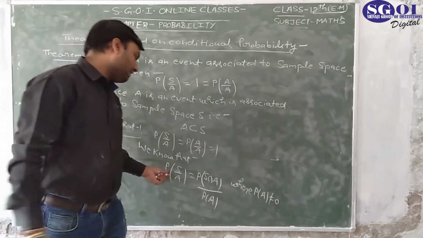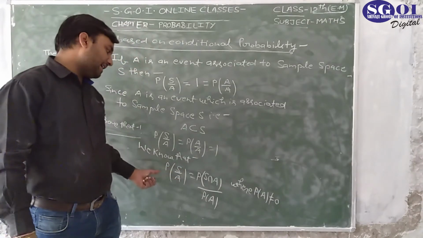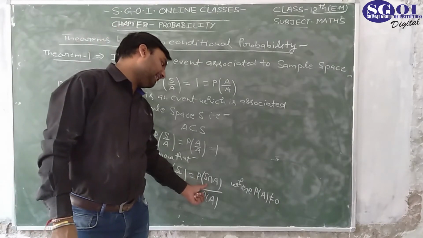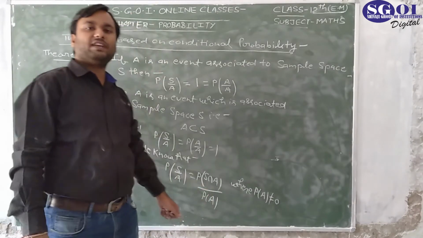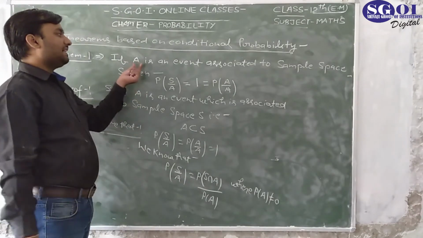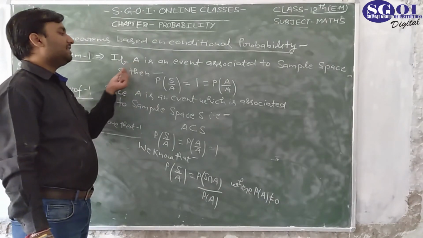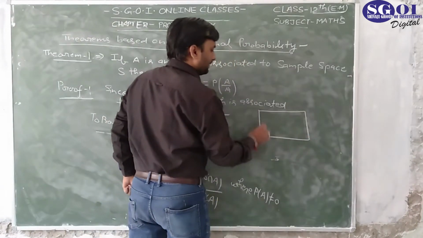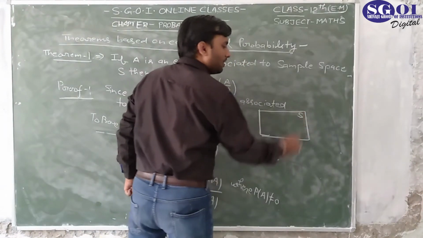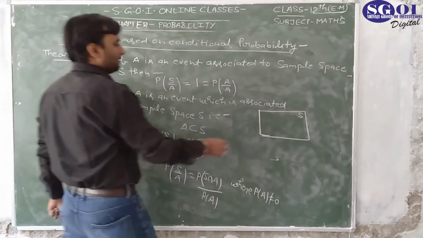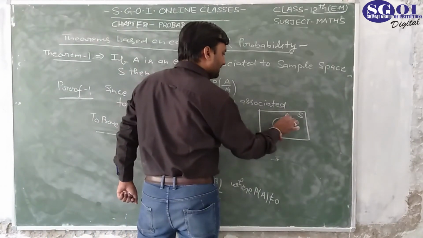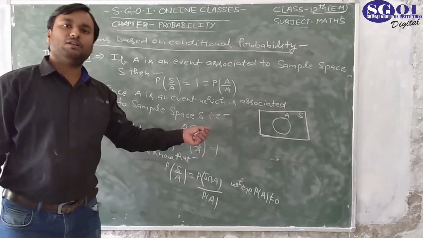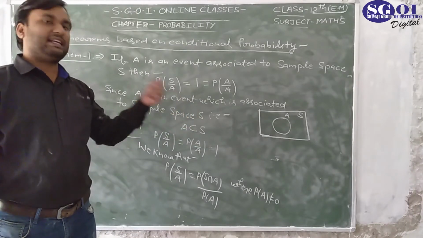By this formula of probability A by B, we can write probability S by A is equal to probability S intersection A upon probability of A. Now, if you observe, an event is a subset of sample space. So, if we take sample space by rectangular box S and event by circle A, this is the condition by Venn diagram. You all know about it in sets.